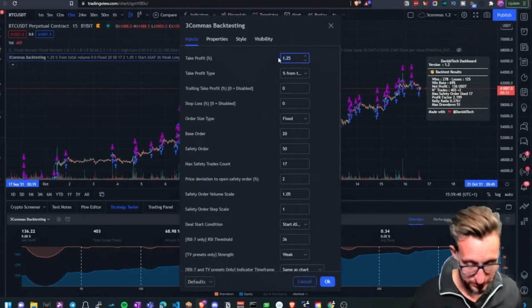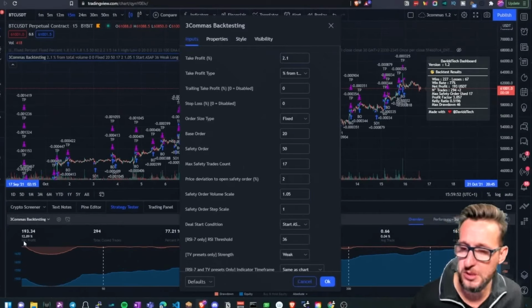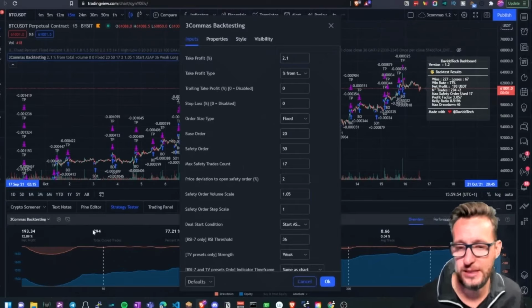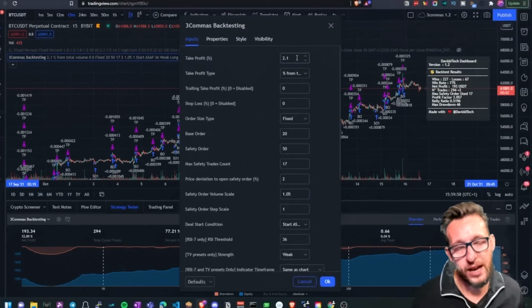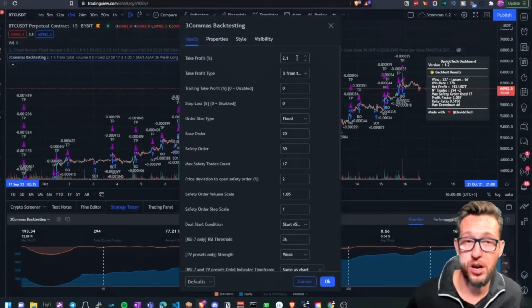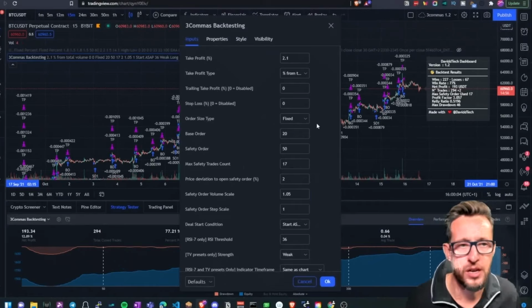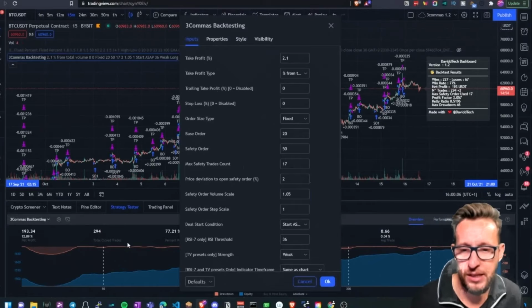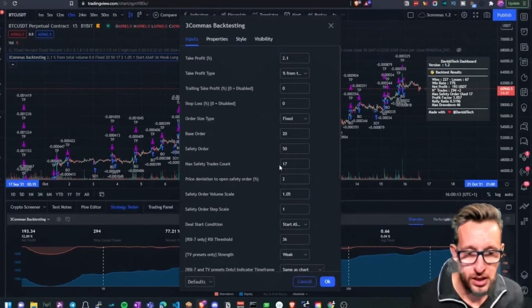So if you take it up to 2.1%, this is where I found that my sweet spot was, with almost 13% on your net profit there. So if you can wait it out a little bit, I personally am going to be waiting for 2.1%, as it always seems to go up by that 2.1% anyway. We're also decreasing the number of bots that are used, so for me it's a win-win situation.